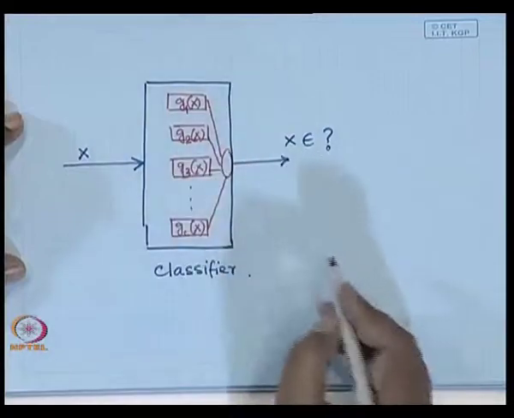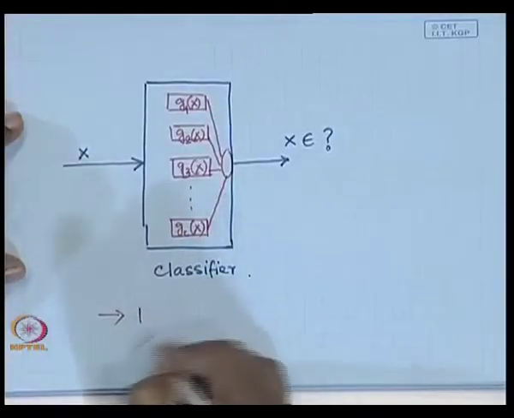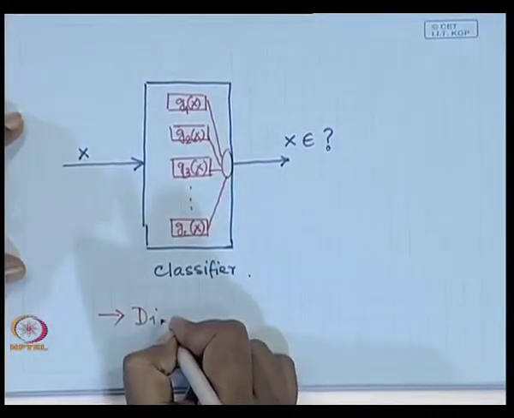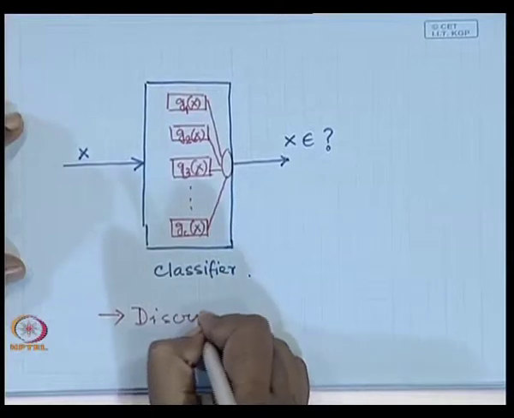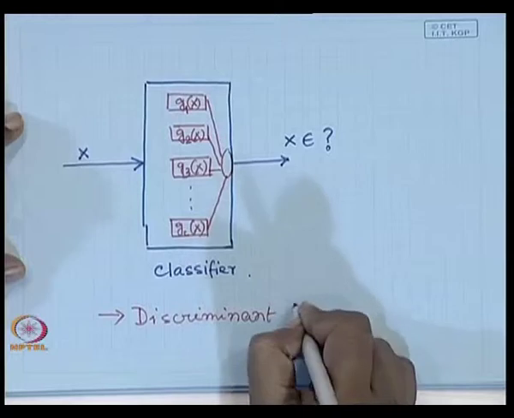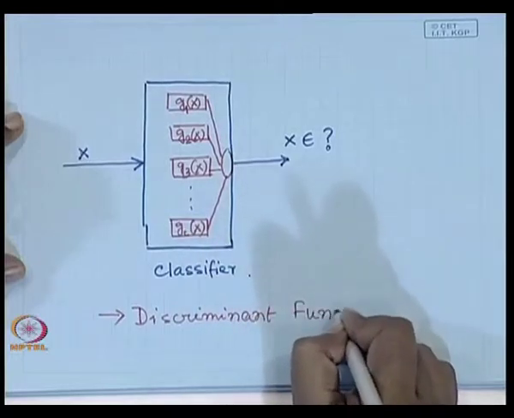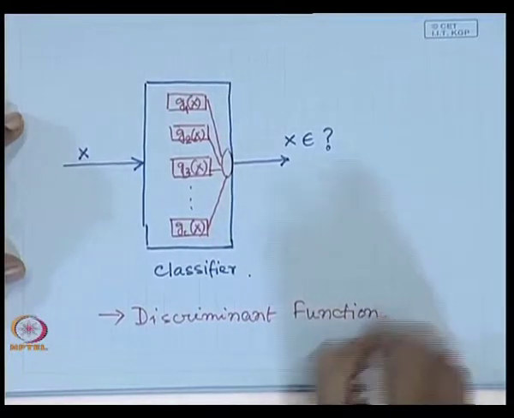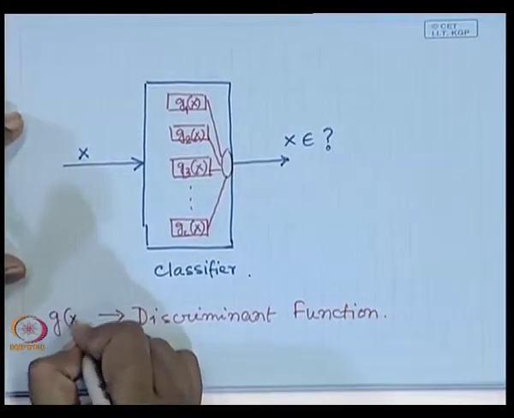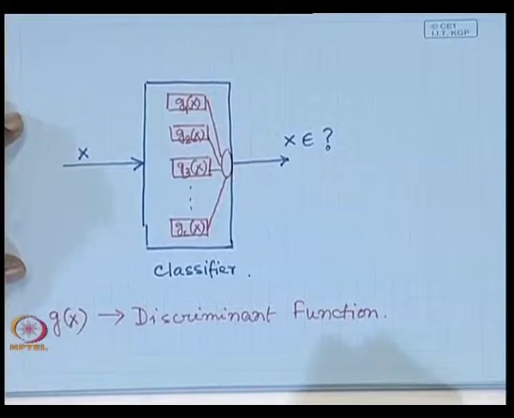So, these functions are what are called discriminant functions. This g x is called the discriminant function.